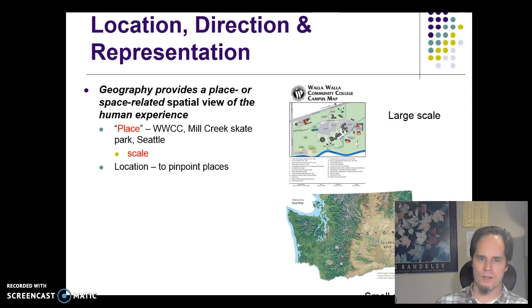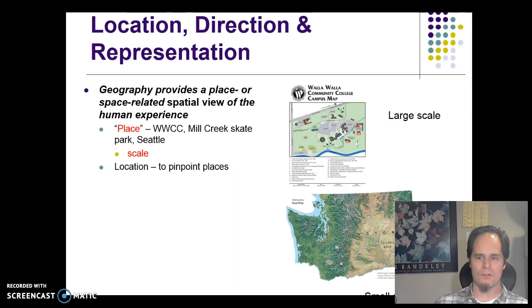I mean, large scale, which would mean actually a smaller overall place. We talked a little bit about the importance of remembering that scale is a ratio. Or we can be talking about small scale places or regions as well. So as you move through here, I want you to bear in mind how we use these terms.